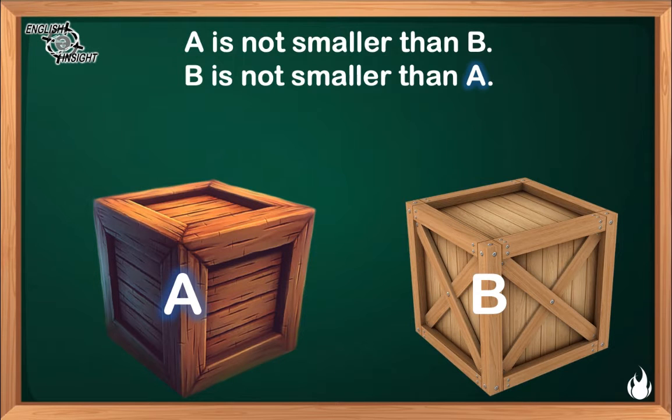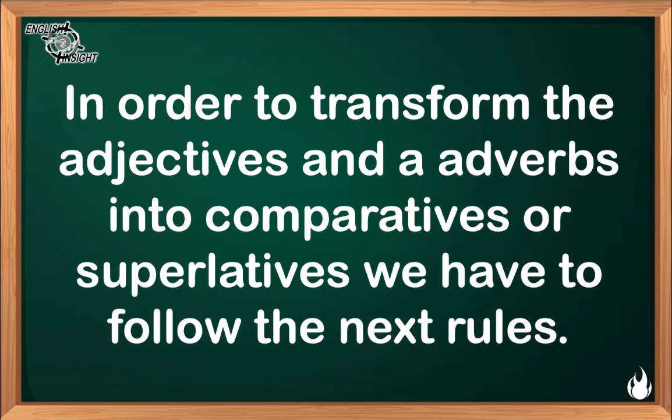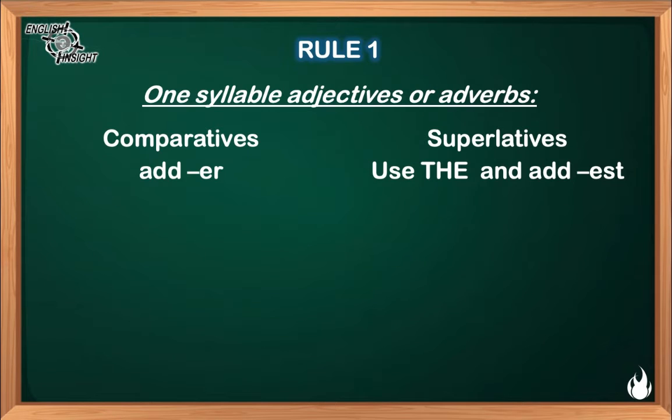In order to transform the adjectives and adverbs into comparatives or superlatives, we have to follow the next rules. Rule number 1. When we have a one-syllable adjective or adverb, we merely add to the comparative the letters er, and for the superlative, we use the article the plus the letters est.